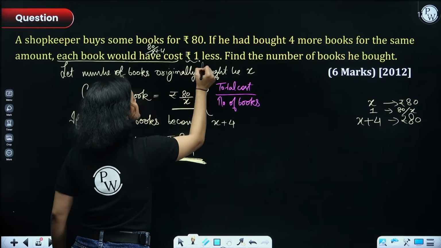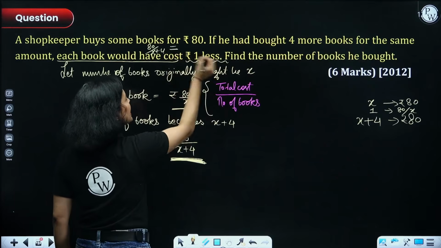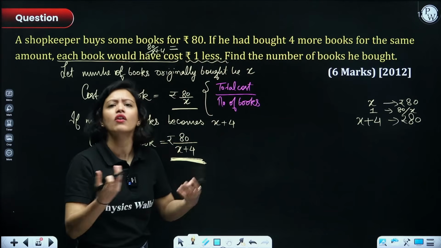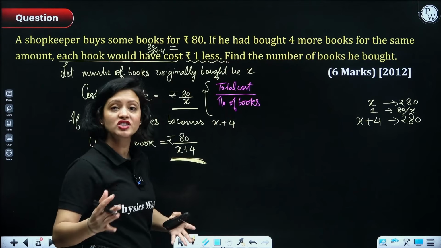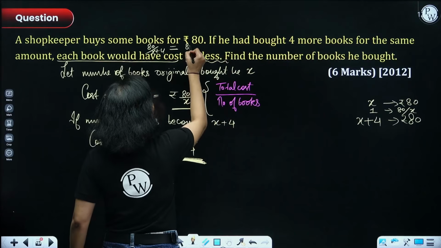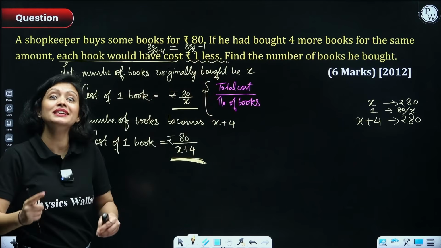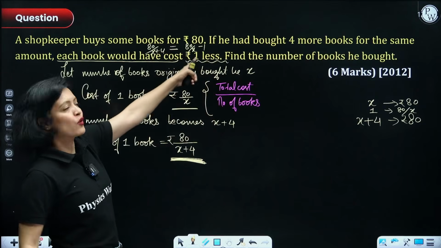And this is 1 less than the original cost. Obviously, that's not written, but that is what they mean. So 1 less than the original cost, which is 80 by x, minus 1. 1 less means 1 would be subtracted from the original cost.